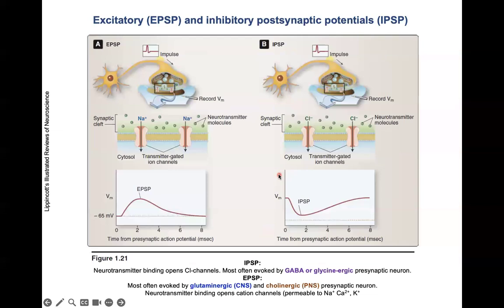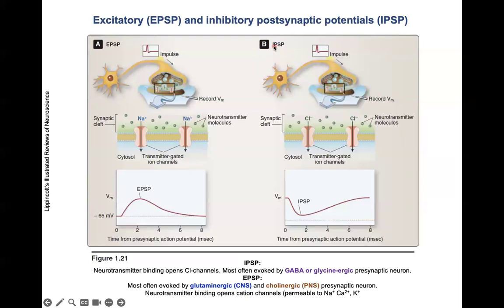Now, the effect of the neurotransmitter may be excitatory, which we discussed in the previous part in detail. Hence, the released neurotransmitter, if excitatory, will form so-called EPSPs, excitatory postsynaptic potentials. See, we have a slight increase of the membrane potential. It makes it easier to generate an action potential. Or the neurotransmitter may be inhibitory.